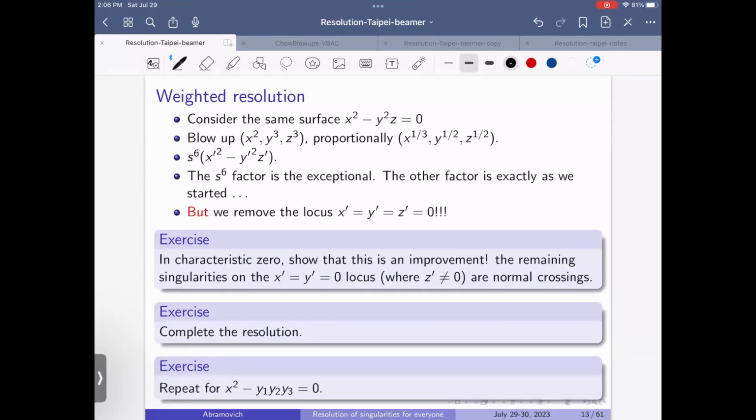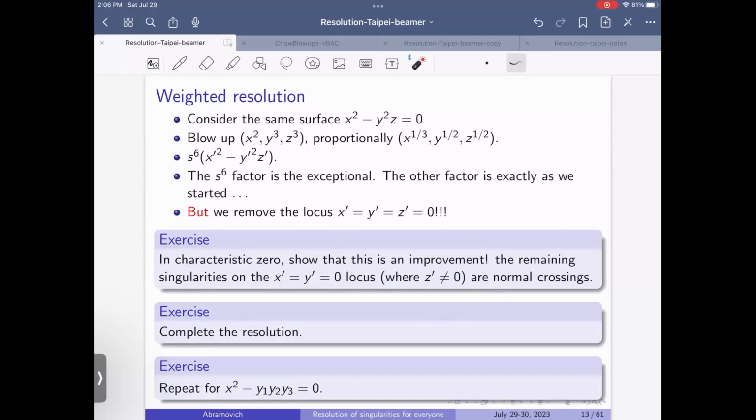Another exercise: to complete the resolution, blow up whatever remains to be blown up. And another exercise is to repeat the process for Yaroslav Odachik's favorite example, x squared equals y1, y2, y3. You can always stop me if you want to see something worked out, but this is something that I urge you to do on your own, and maybe we'll do together later on.